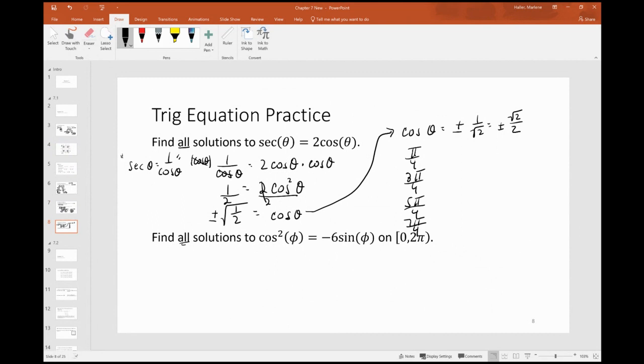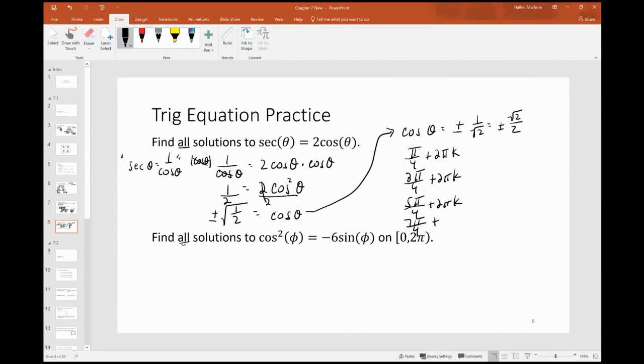So I could then just say it's pi over 4 plus maybe 2 pi times k, where k is any positive or negative integer, because that'll give me my multiple times around the unit circle. And I could do it for each of these. I'll just write them in here. I could do that.